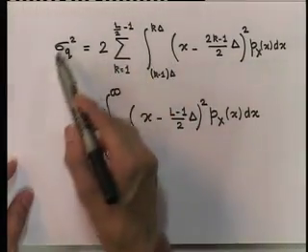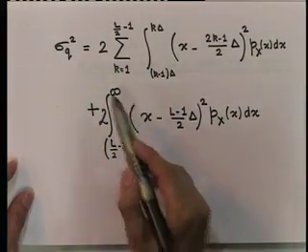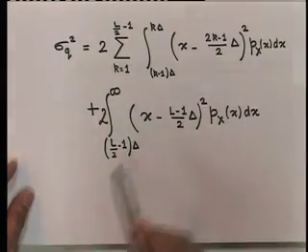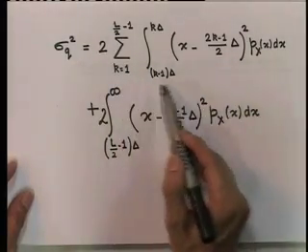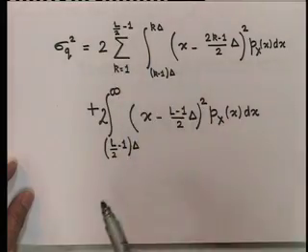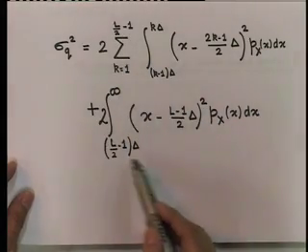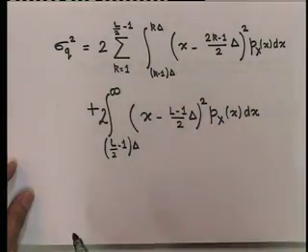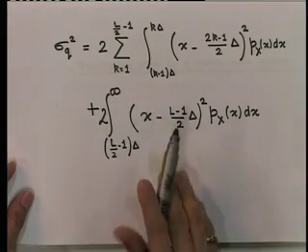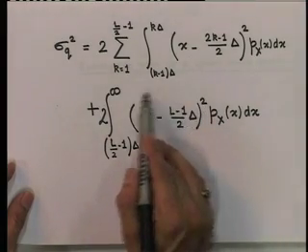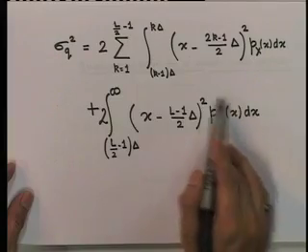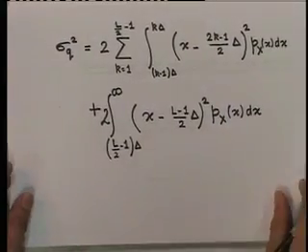In the expression for the minimum squared quantization error, the first term represents the granular noise and the second term represents the overload noise. Now, the probability that the input will fall into the overload region is called the overload probability.